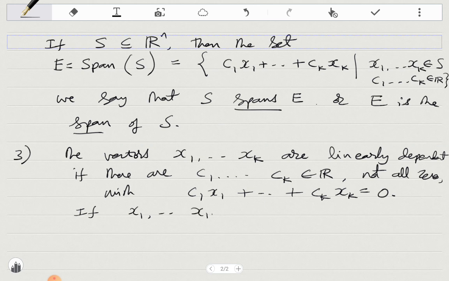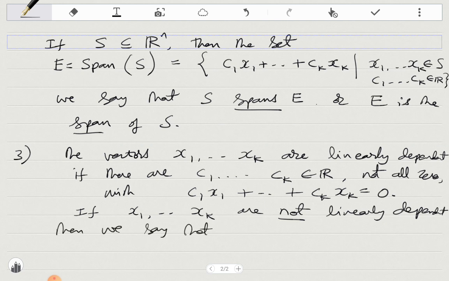If they are not linearly dependent, then we say that they are linearly independent.